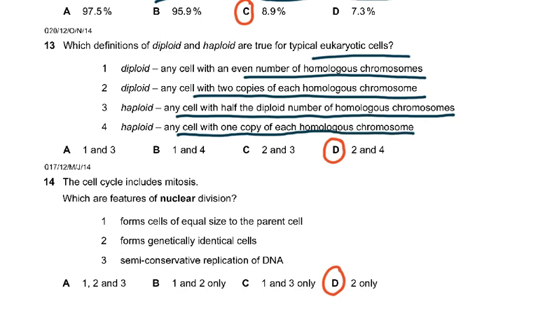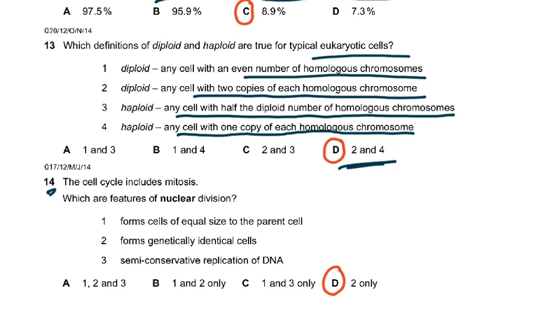When I knew 4 was right, the rest I would have figured out were wrong as well. So any cell with an even number of homologous chromosomes. A cell with an even number, all of your cells of the body have an even number of homologous chromosomes. So it was 2 and 4. There are two copies of each homologous chromosome. Again, this is more of an English testing exercise.